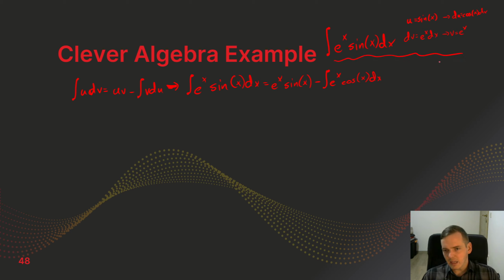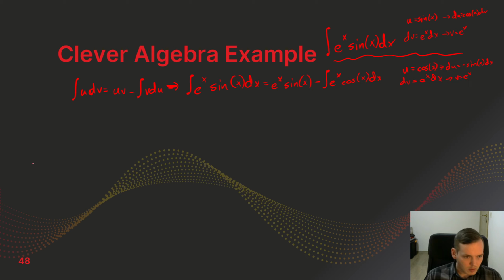Now, looking at that, it doesn't look like it helped. This still looks pretty much exactly the same, but bear with me and let's do integration by parts one more time. So in this case, our u is going to be cosine of x, which means our du is equal to negative sine of x dx, and our dv is going to be e to the x dx again, which means our v is equal to e to the x.